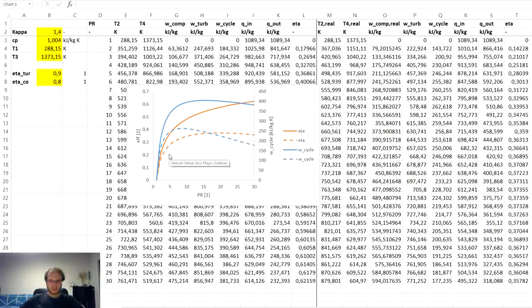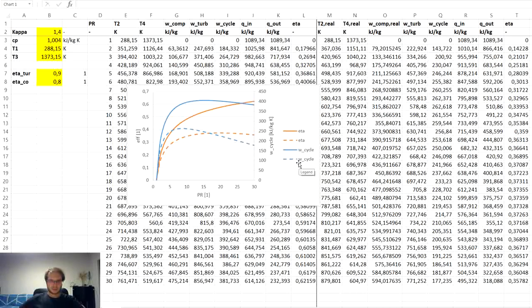While now, when we have the efficiency of the real components, there is somewhere a maximum of the efficiency of the cycle, and it's actually around a pressure ratio between 20 and 25. And that is actually also the typical pressure ratio of gas turbines. Then the efficiency of the cycle is slightly decreasing.